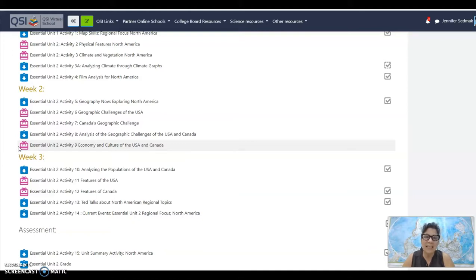They were both colonies of Great Britain within the context of their history. How was the colonization of those 2 countries by the British a common feature, or how did that fact contribute to how those 2 countries are culturally today? So take a look at that last activity, activity 9, economy and culture of the United States and Canada.